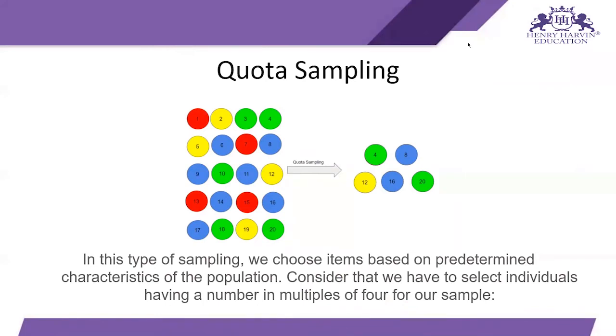So here, let's say we have a population. We are in a cosmetics firm, and we develop a new cosmetic like an eyeliner or foundation, something like that. So what kind of population do we encounter?